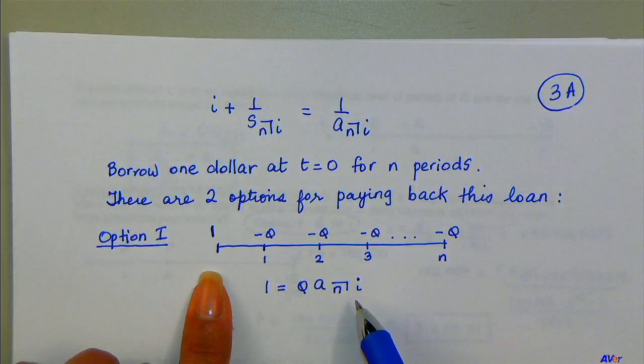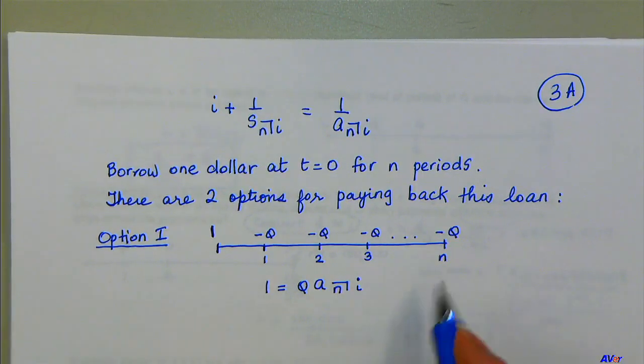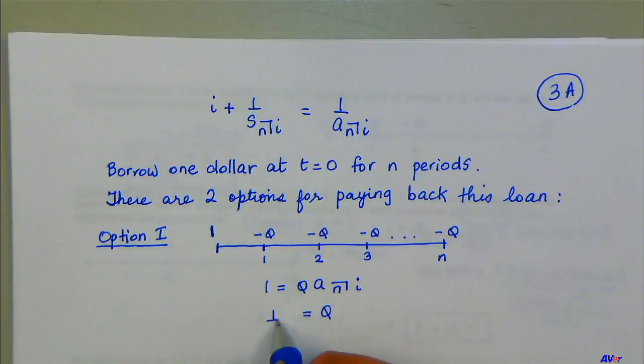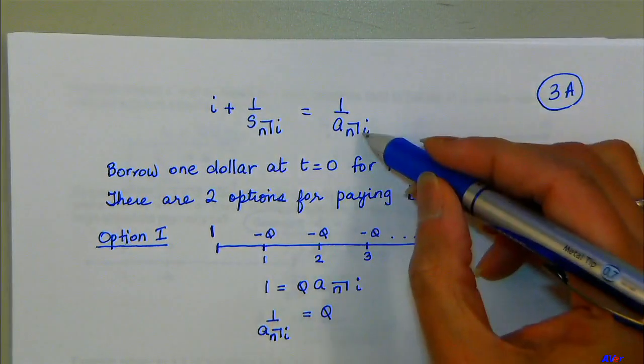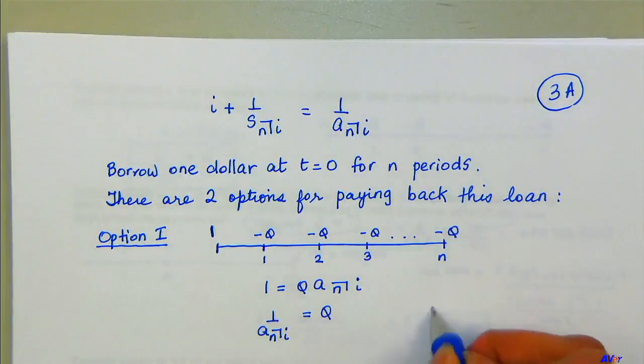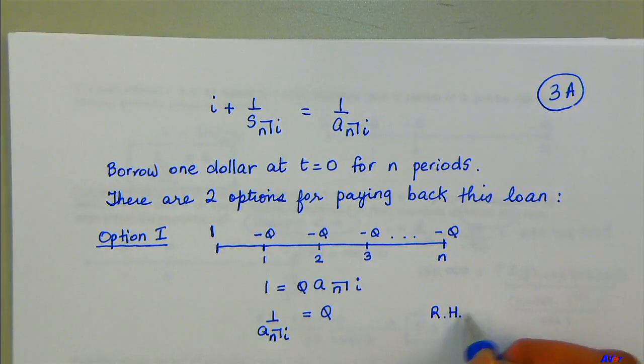Does that make sense? So how do I solve for Q? Q equals 1 over a angle n i. By the way, that's the right-hand side. That's one option for paying back this loan.